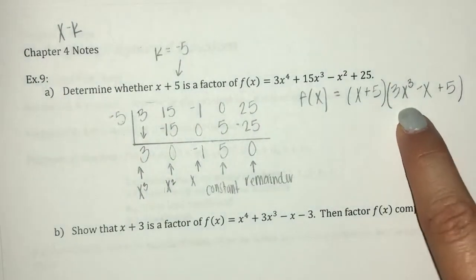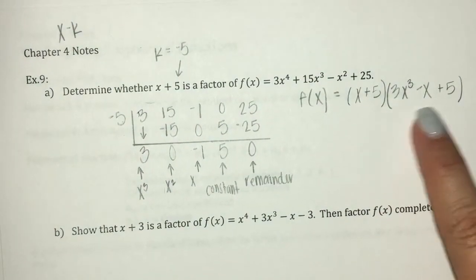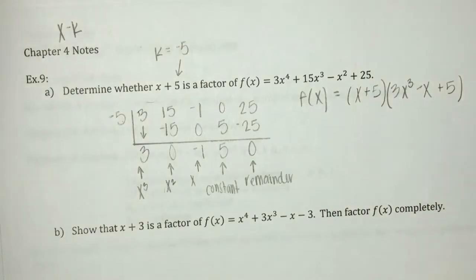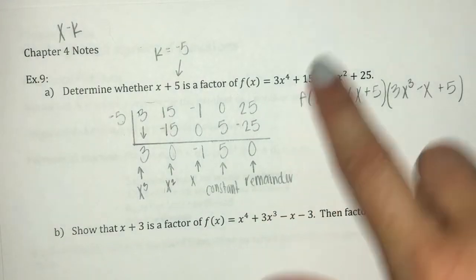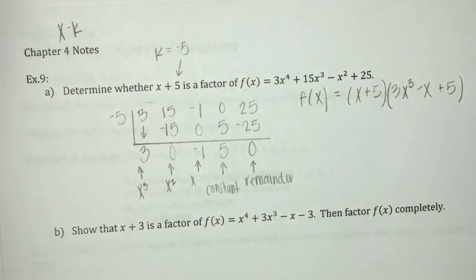Sorry, this should be x cubed. So x plus 5 times 3x cubed minus x plus 5 if we needed to factor it further. So just determining if it's a factor or not, you just want to get a remainder of 0 basically, but if you wanted to factor it further, that's how you would.